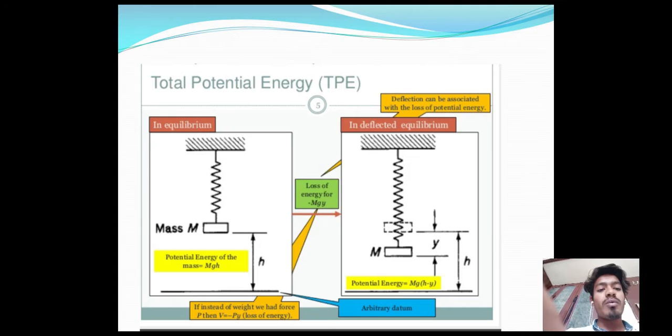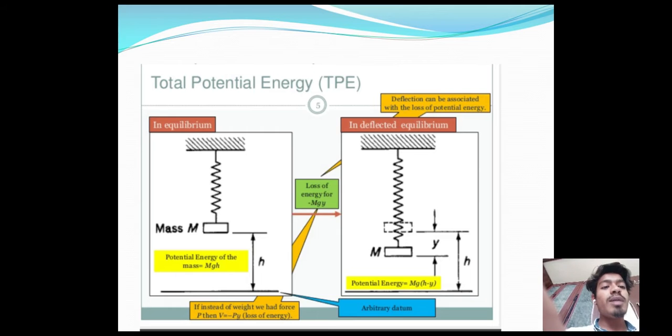If instead of weight we had force P, then V equals minus Py as the loss of energy in equilibrium. In deflected equilibrium, the loss of energy is minus mgy.